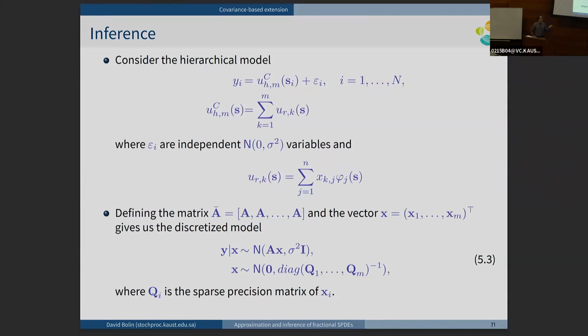So now you are not losing as much in the condition numbers as you did before. So this will be a lot more numerically stable. And also importantly, this representation now allows us to implement these models in R-INLA.